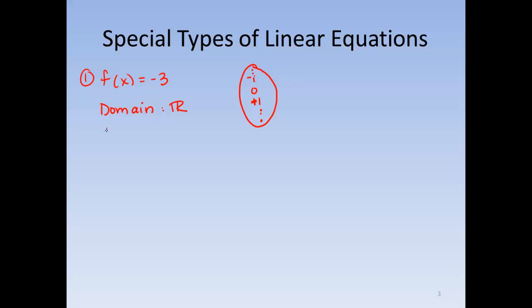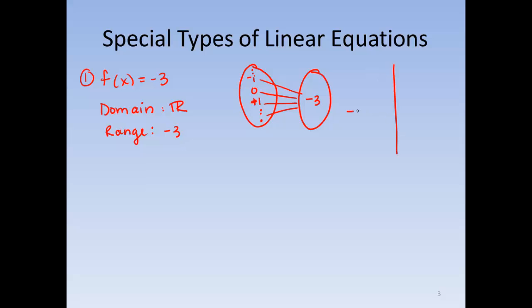But our range, as stated on the previous slide, is the b value. So our range is -3. And that means that every value here, even the numbers that aren't listed there, because we are talking about all real numbers, produces an outcome of -3.